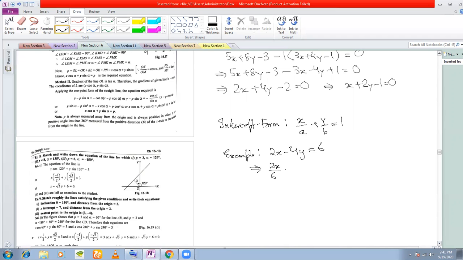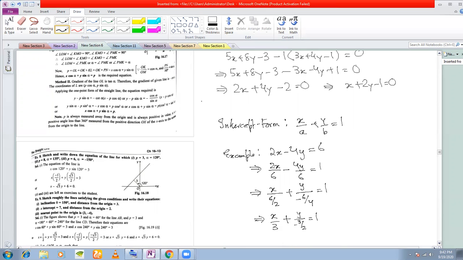We get 2x by 6 minus 4y by 6 is equal to 1. Now I can write this as x by 6 by 2 plus y by minus 6 by 4 is equal to 1. That means we can now write this as x by 3 plus y by minus 3 by 2 is equal to 1.